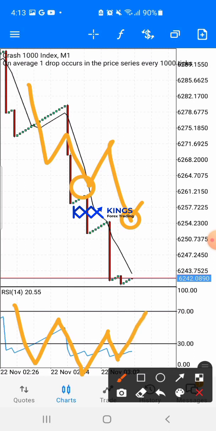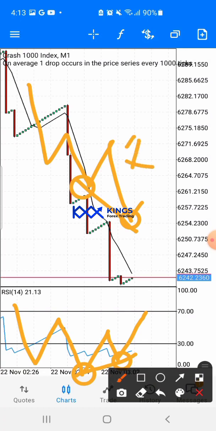So here we have a divergence: this one is making a lower low and this one is making a higher low. Our main chart is giving us a lower low, while our RSI is giving us a higher low.